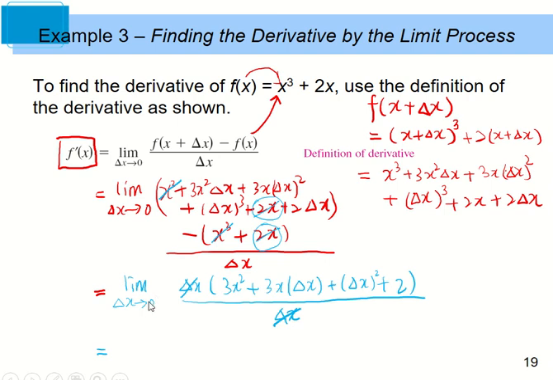We substitute the 0 into the delta x. So if we substitute 0 here, this term will be 0. And when we substitute this value here, this term will be 0. So after we substitute, we will have 3x squared plus 0 plus 0 plus 2. So this will be the derivative of this function.